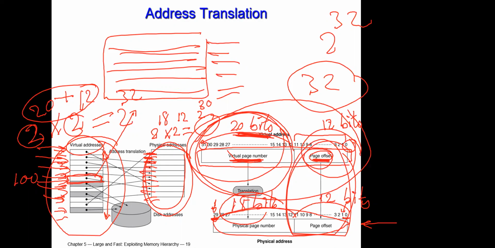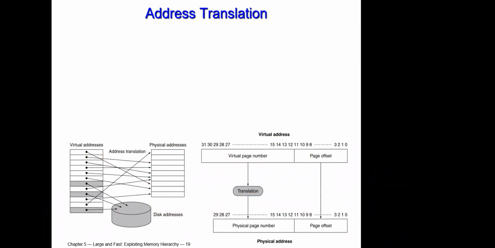But the question is, why is this equal to that? Why do I always have to keep the page offset the same? Back to this example, I told you that with this virtual address, I might go to a certain address that points to a physical address, or I might go to a certain particular page that exists on the disk, correct?